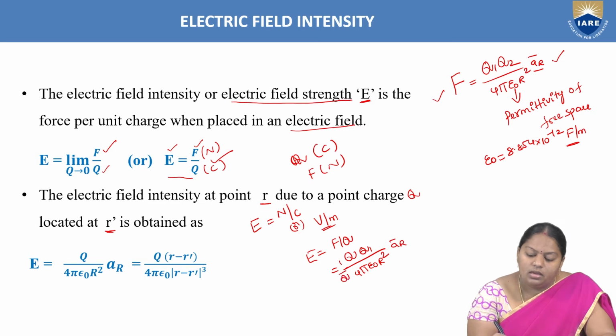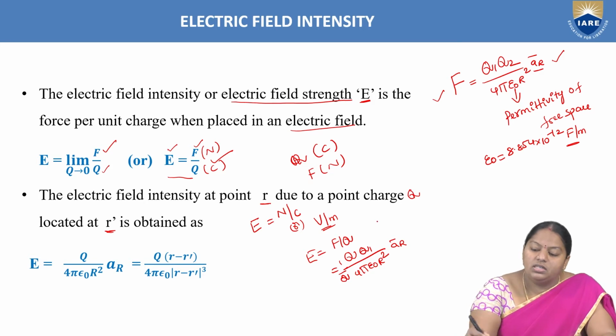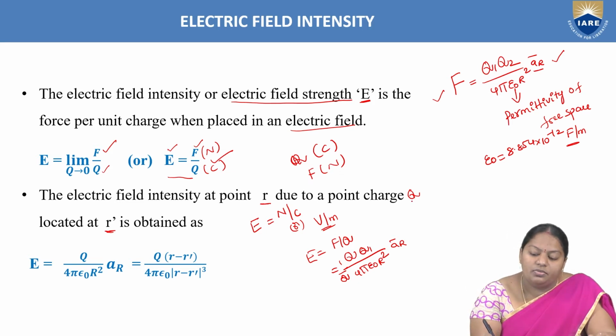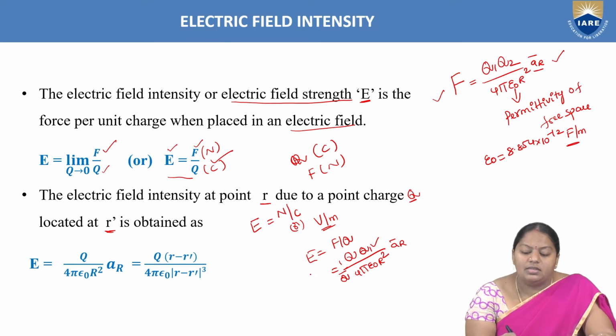So here we have two stationary charges, Q1 and Q2. In order to simplify, we just consider one of the charges, which experiences the force, as Q, and the first charge we assume as Q1. Then the electric field intensity E is given by F by Q. In place of F, if we substitute the Coulomb's force equation, then 1 by Q into Q1 Q by 4 pi epsilon naught R square into AR.